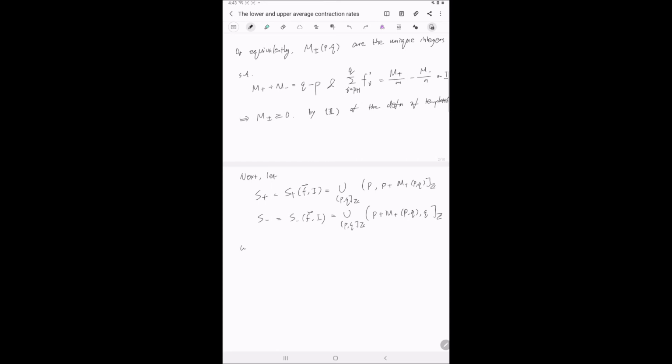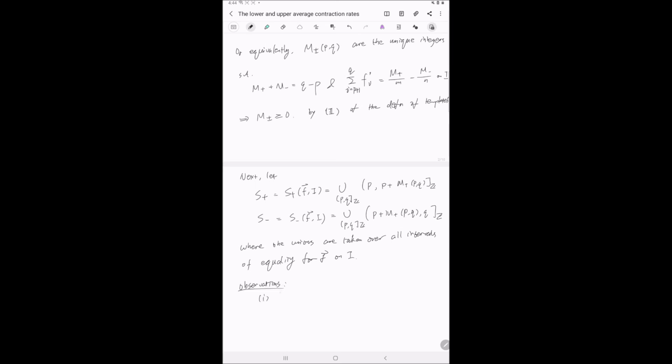And here we should note that the unions are taken over all intervals of equality for f on I. And here we have three quick observations.